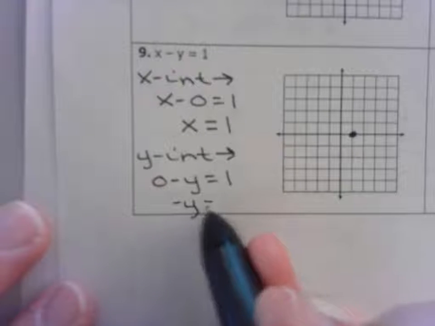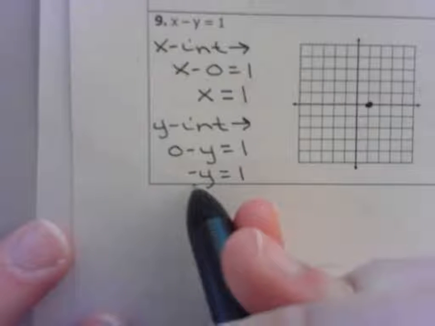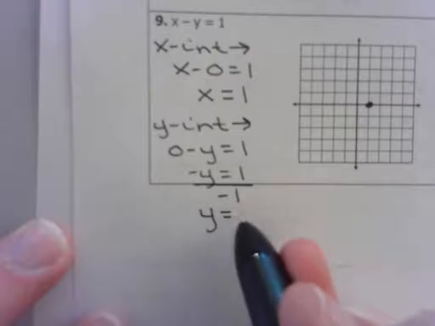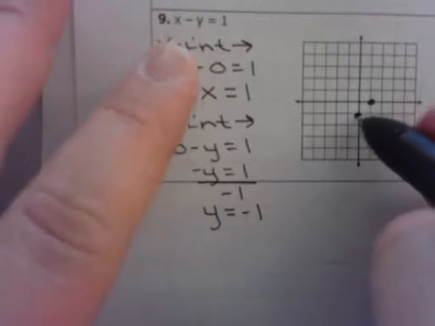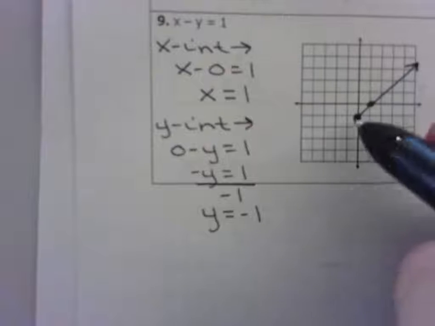Don't forget the negative. And then how do I find y? Divide by negative 1. Y equals negative 1. How do I graph a y-intercept of negative 1? Go down 1. 2 points. Make a line. Draw your line.